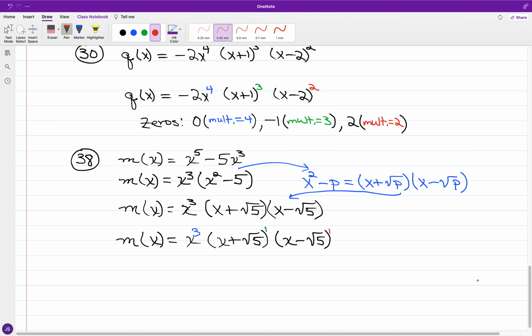So for what we have in the case of the zeros, you got your standalone x factor, of which we're going to have 0, and since we have the factor at x to be cubed, the multiplicity of 0 is going to be 3.